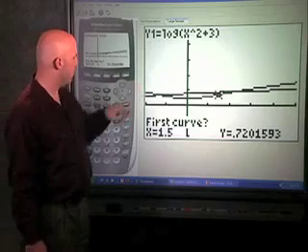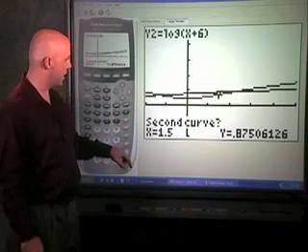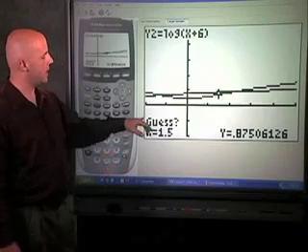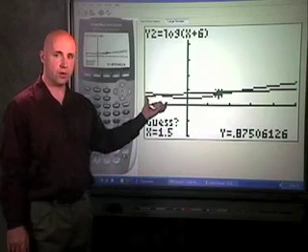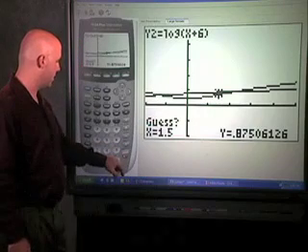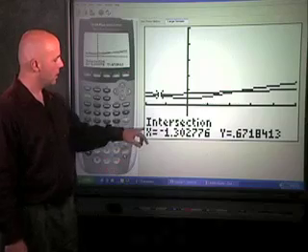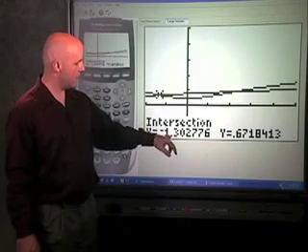First curve, we're on y1, so we'll just hit enter. Second curve, we're on y2, we'll hit enter. And now we need a guess. We're going to find this first intersection point over here on the left, and it looks to be somewhere near negative 1, so we'll use negative 1 as our guess. Hit enter. And we get an intersection point at roughly negative 1.30.